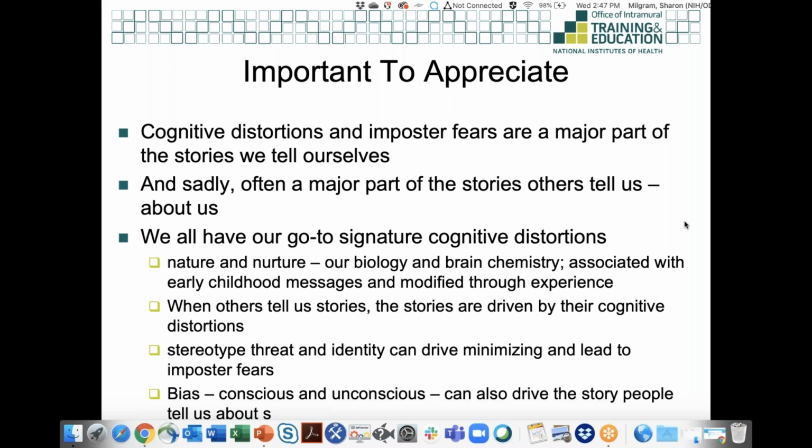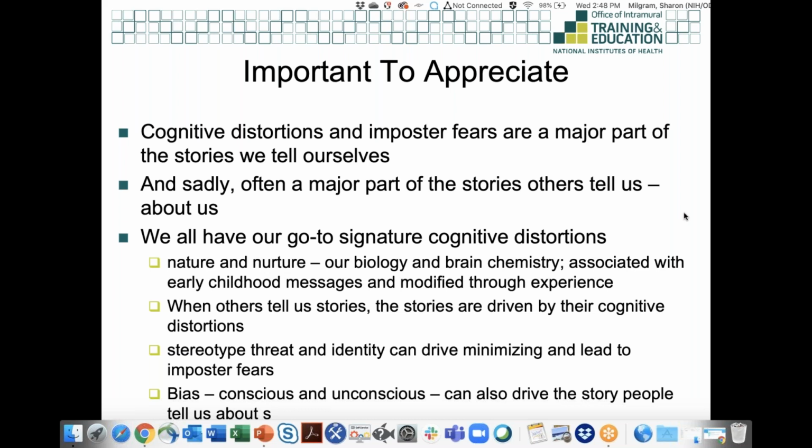And that person says, whoa, you just may not get into grad school because of this. This is really a problem, right? So they're dumping their cognitive distortions on you. So I like to think of this, that these can come from within and these can be dumped on us from outside. Now, we all have our go-to signature cognitive distortions.